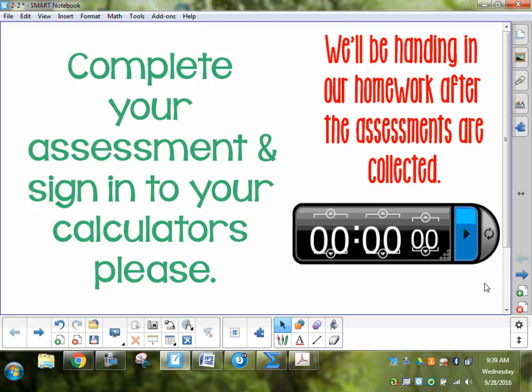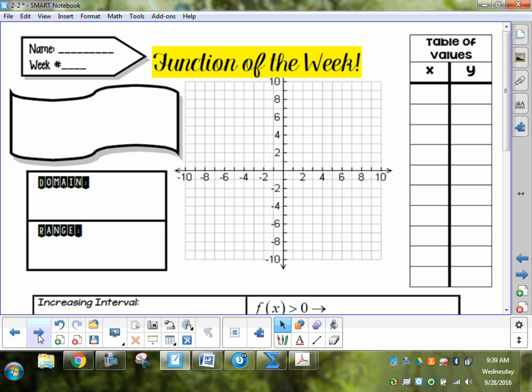Now, someone handed in too much. Now, have your homeworks out on your desk from the other day.